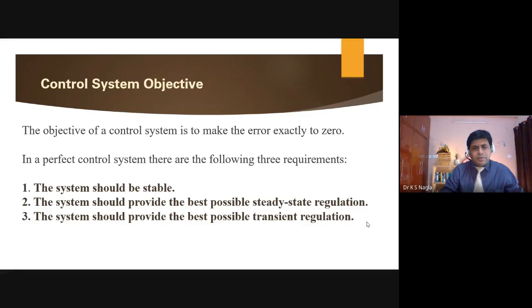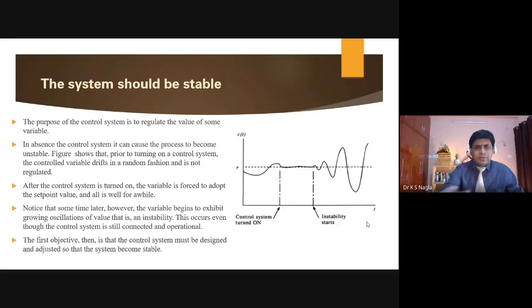The system should be stable. So let's see what is the meaning. The purpose of a control system is to regulate the value of some variables, as already told. In the absence of a control system, it can cause the process to become unstable. Just look at the diagram on the right side of this presentation.